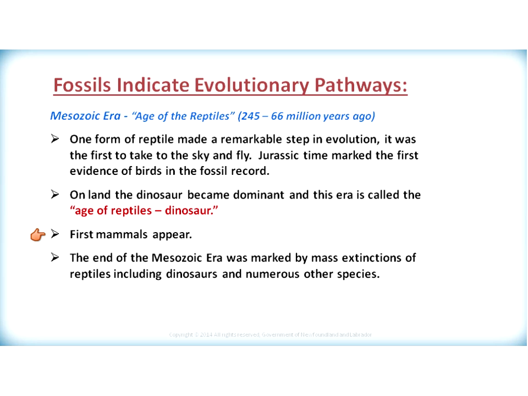We also see in the Mesozoic Era the very first mammal appearing in the fossil record, and again at the end of the Mesozoic Era we see a mass extinction where reptiles, including dinosaurs and numerous other species, became extinct.